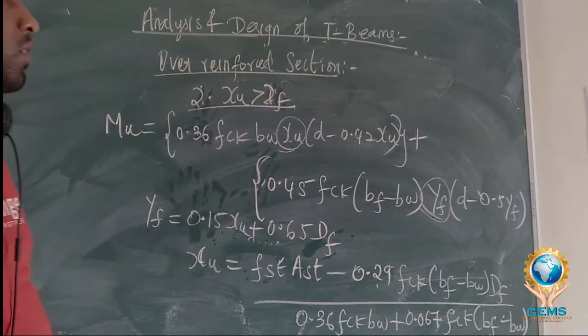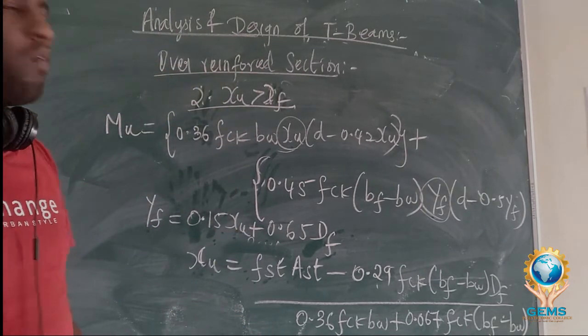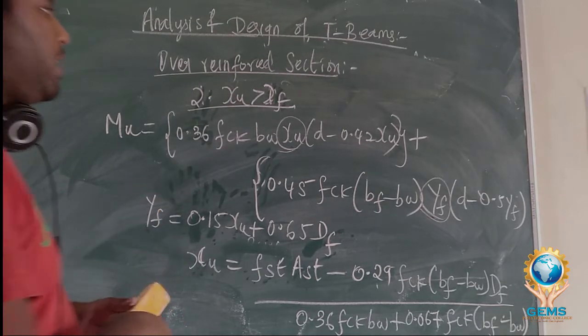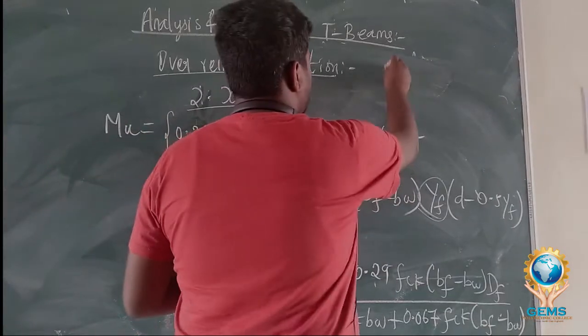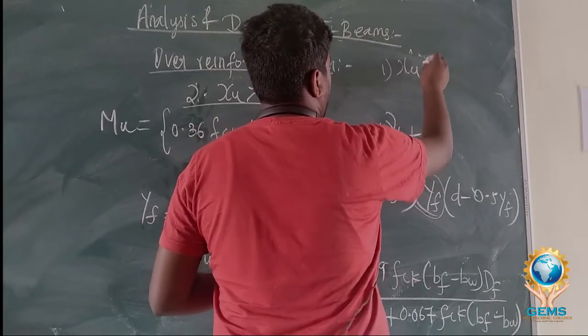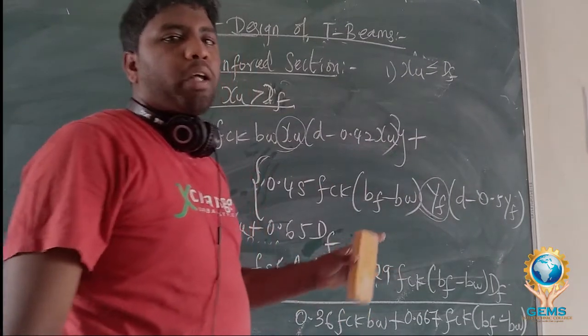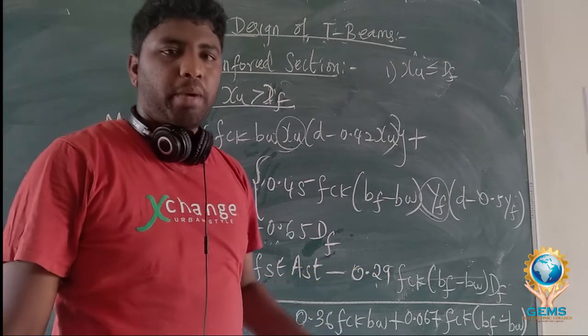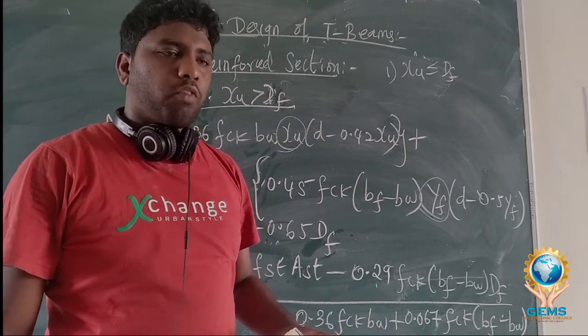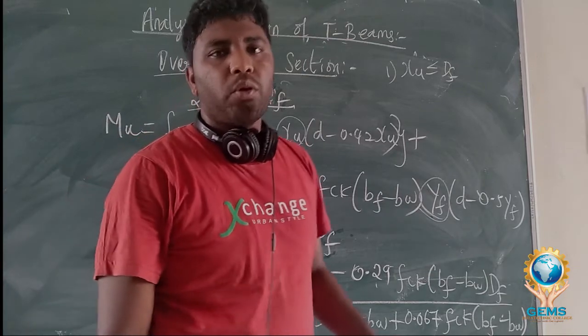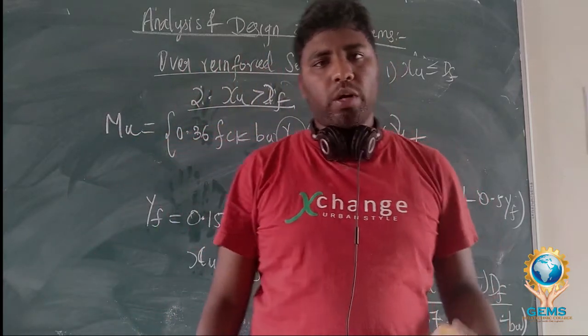So that's it, the analysis of the over reinforced section. I will explain it again. In the first case, if XU is less than or equal to DF, it is the normal common formula, 0.87 Fy AST divided by 0.36 FCK B, and the moment of resistance formula is 0.36 FCK BW into XU into D minus 0.42 into XU.